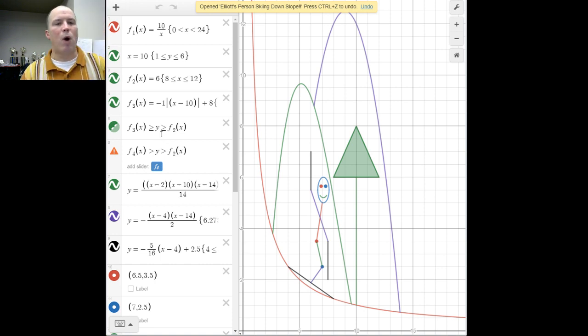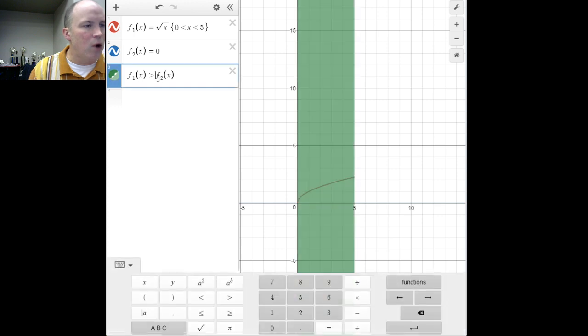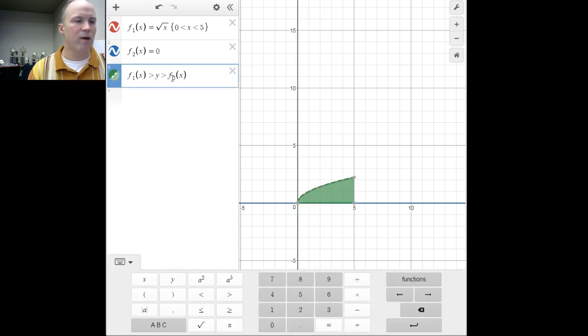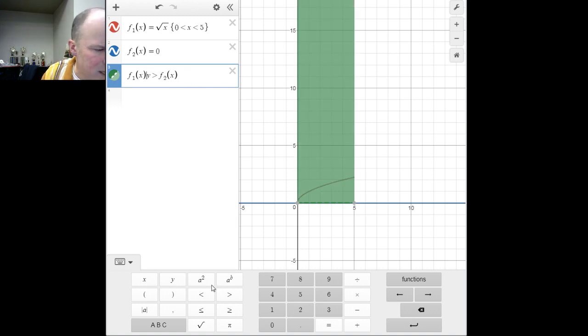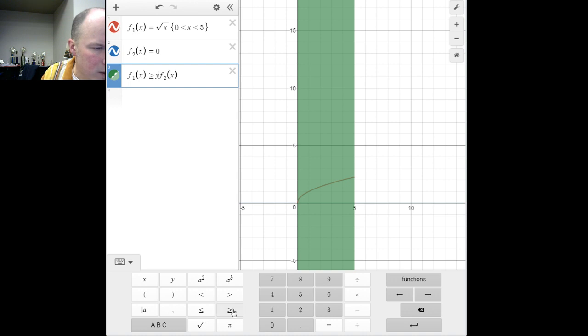What did I do here? Oh, I have to put a y. It says here I need to put a y in the middle. Okay, so then the y value greater than. There you go. How I did this differently: I don't like that dotted, so I need to put it as greater than or equal to, and greater than or equal to.